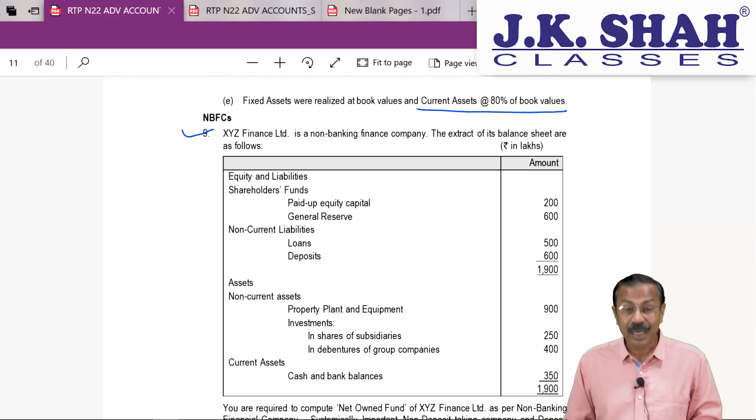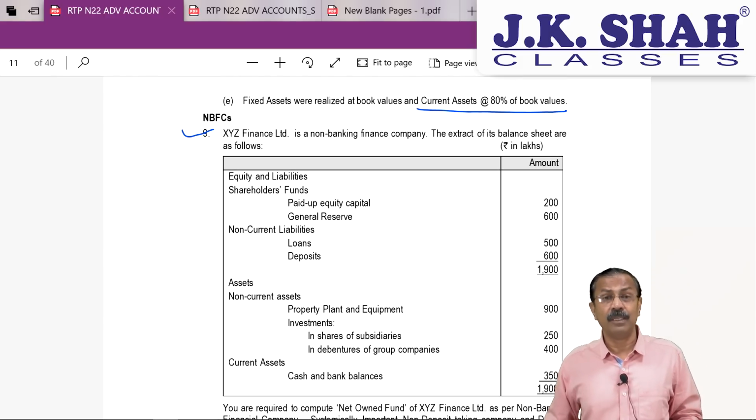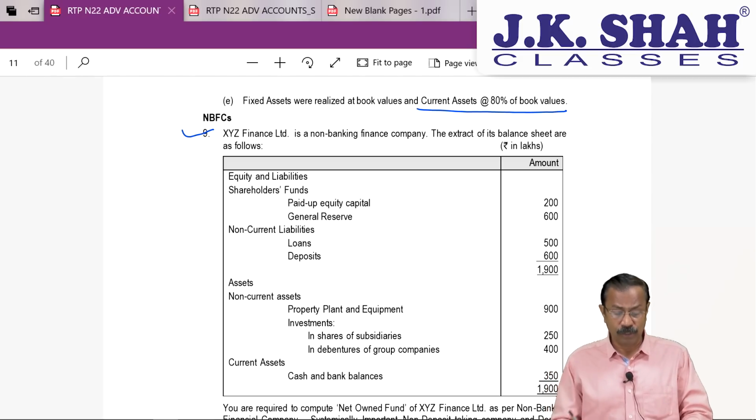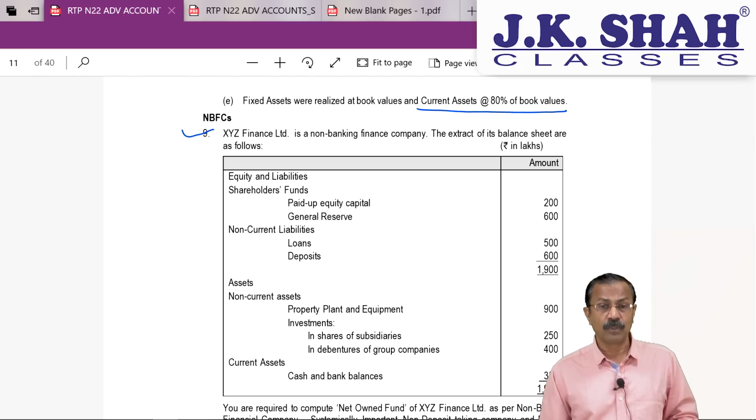Next question is on NBFC, non-banking finance company, remember. XYZ Finance Limited is a non-banking finance company. The extract of its balance sheet is as follows.